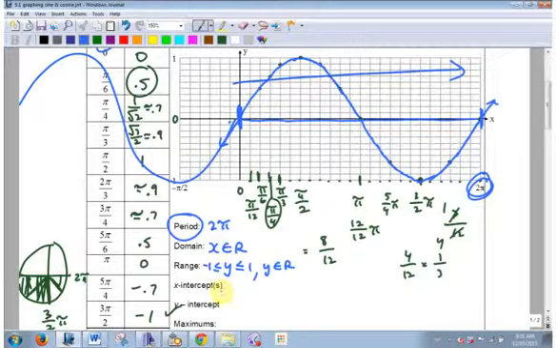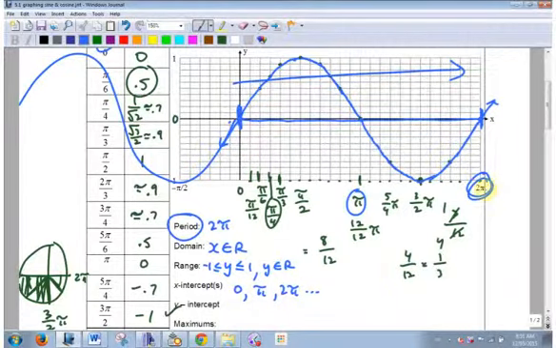X-intercepts? Well, this is x. It crosses it here, 0. Okay, where's the next one? Crosses it here, pi. Where's the next one? Crosses it here, 2 pi. Do I want to write out absolutely infinite numbers of that, or is there some kind of formula I can use to write my x-intercepts? This is multiples of what?